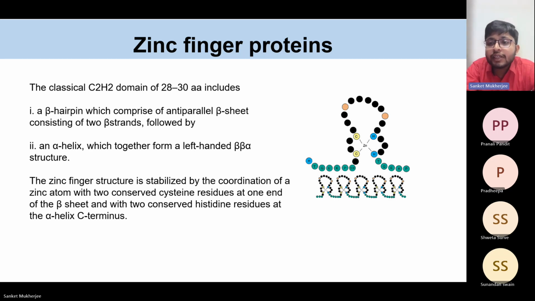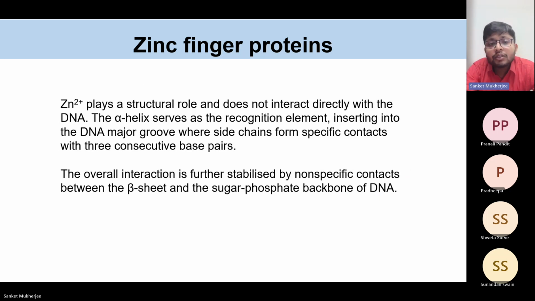Will it retain its activity? No, sir. Yeah, correct. So this is very important that you understand this. The zinc is there for the stability of this protein, and to maintain its function, this zinc is very important.